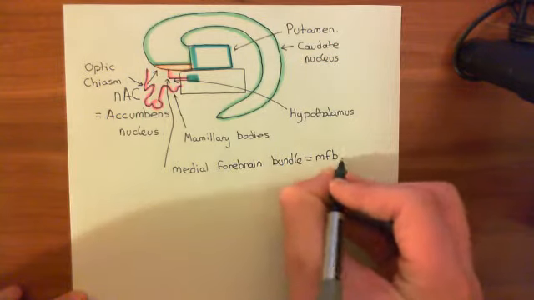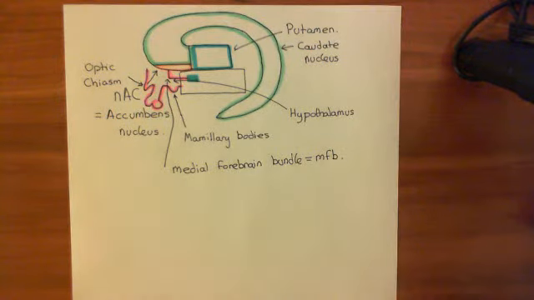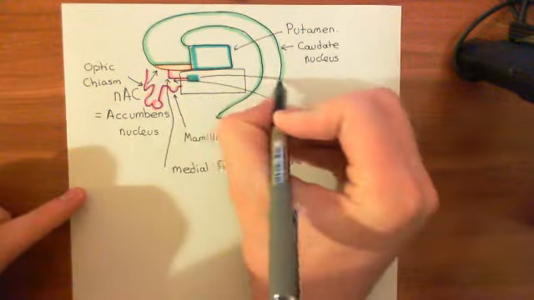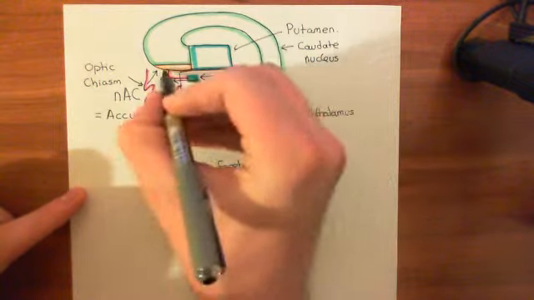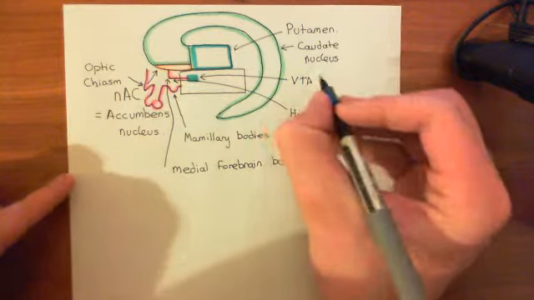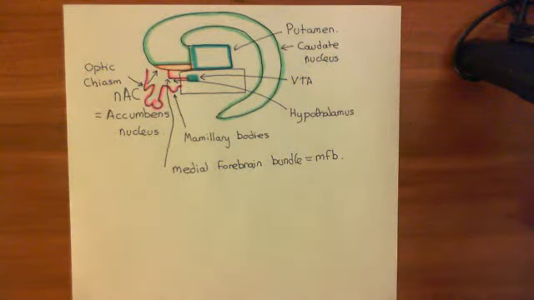Okay, so basically, all of this discussion was to get to this picture. Here is the ventral tegmental area, the VTA. Here is the nucleus accumbens, and connecting them is this medial forebrain bundle. So, the ventral tegmental area sends out axons which are going into the nucleus accumbens.